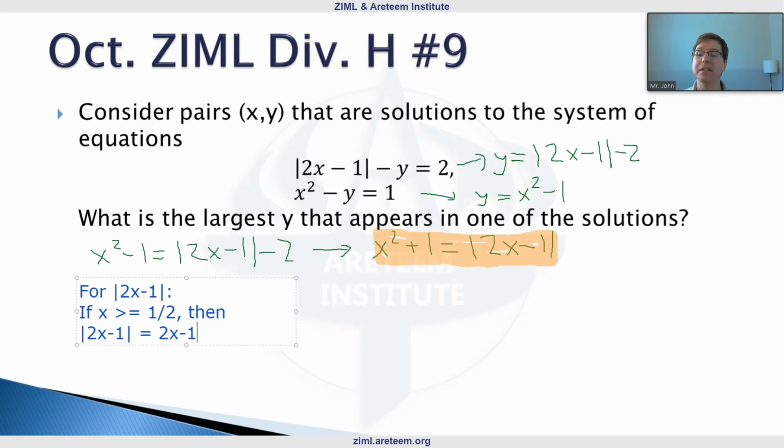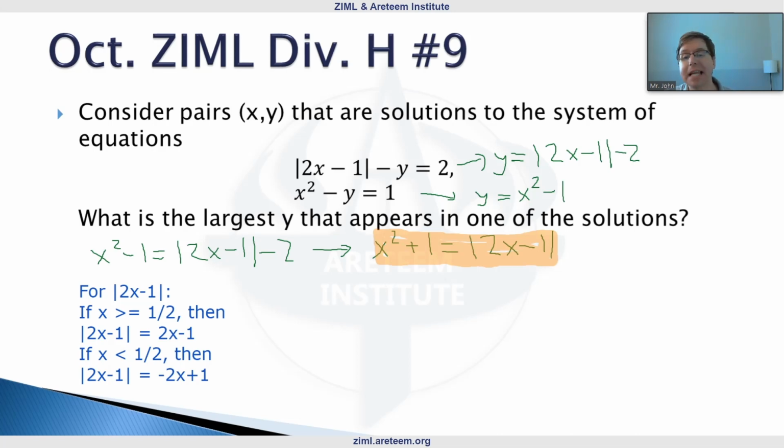What happens if the expression inside is negative? Well, you have to make it positive. So if x is less than 1/2, the absolute value of 2x minus 1 is negative 2x plus 1. Remember, that's just saying you flip the sign of your expression. If we plug in 0, 2x minus 1 is negative 1, but then the absolute value of that is 1.